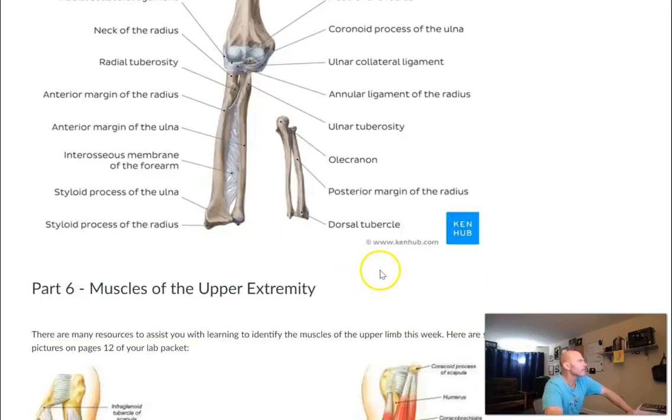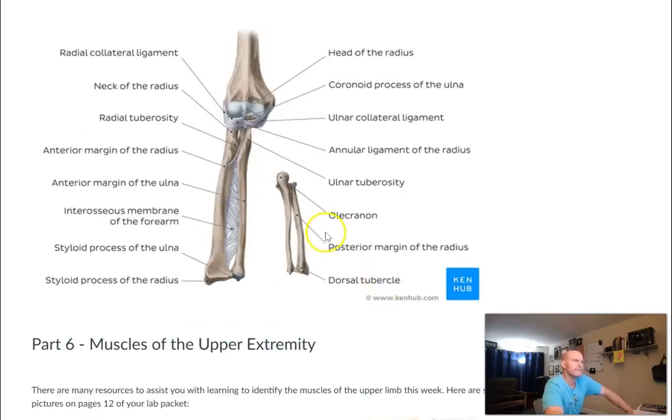I know that they didn't give us a picture that is missing the annular. Oh, there it is. Okay, boy. All right. So if y'all look to the right hand side, it took me forever to find that. The annular ligament of the radius. Remember that nursemaid's elbow that we talked about?